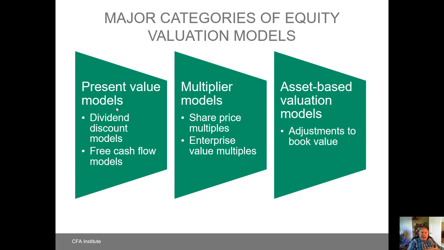Then there are asset-based valuation models, which look at the fair market value of the assets of the business. There's a net book value, and we're going to adjust that up or down based on the market value of those assets. So those are the three categories: present value, multiplier models, asset-based.